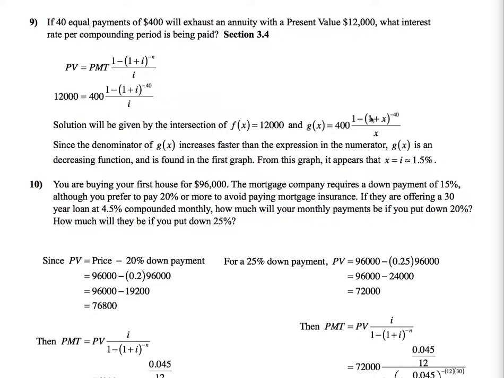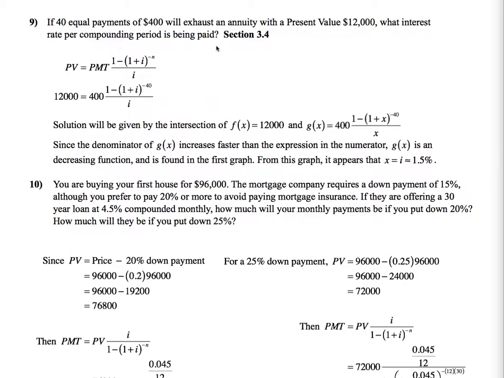Since this is decreasing and this is a linear function here, we know that it doesn't decrease very fast, but this does decrease rather quickly. In any case, another clue that this is a decreasing function is that this is present value, and each compounding period reduces the present value.